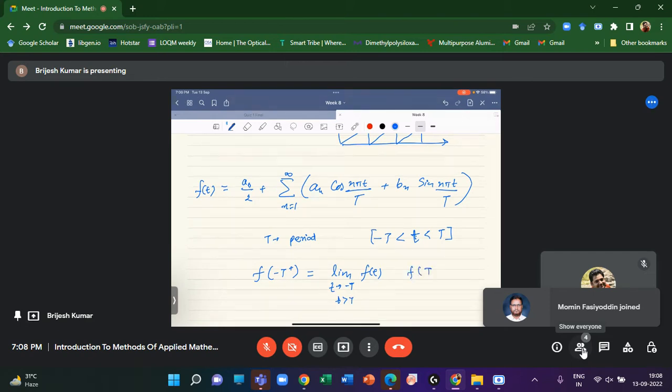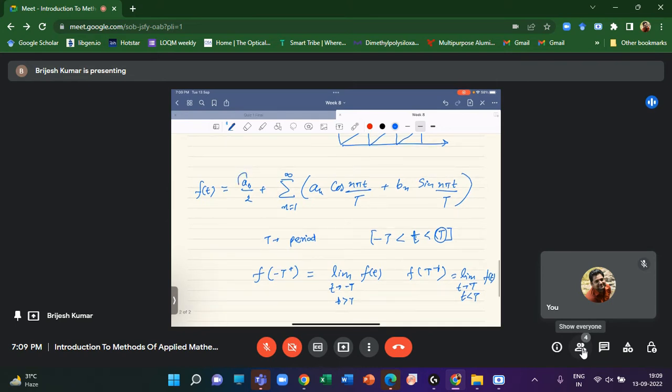Similarly, if we go to this limit, then we can define a little bit before this T as a limit, where t tends to T and t is less than T. So how can we find this a0, an and bn?